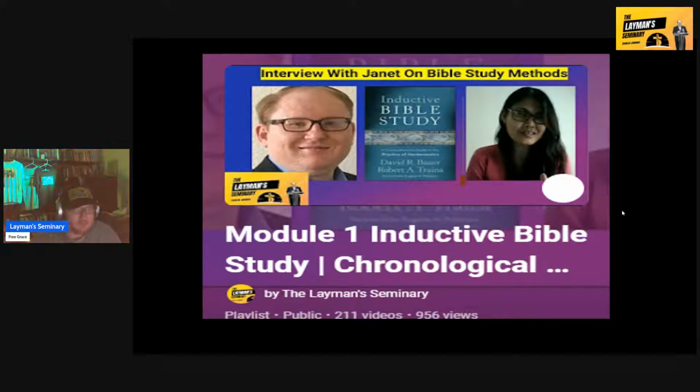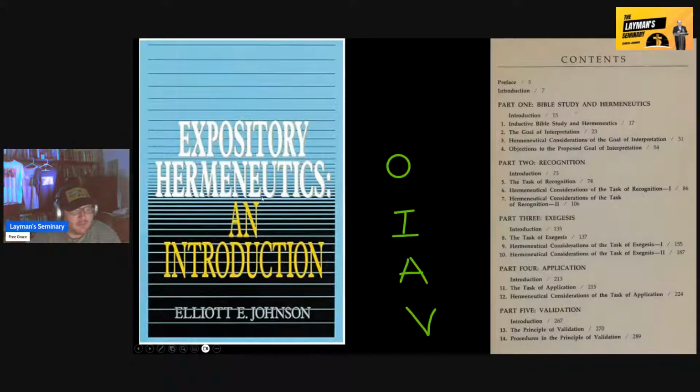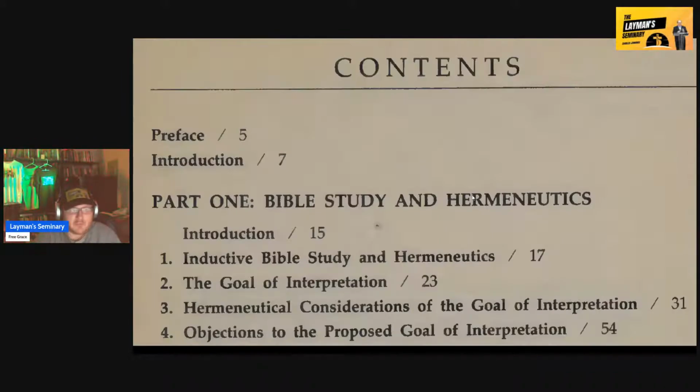Hey, Big Stack. The primary textbook that we're using for this series is Expository Hermeneutics, and it's done in 1990, but you'll see as this progresses just how monumental and fundamental this book is.